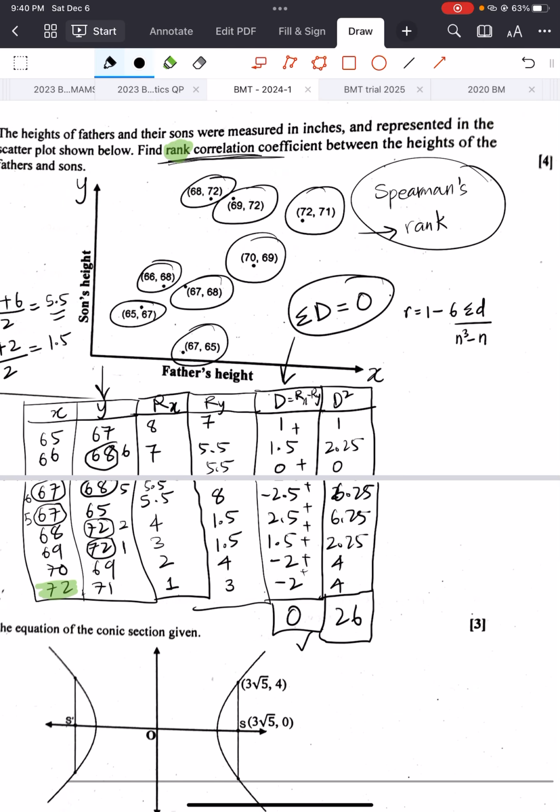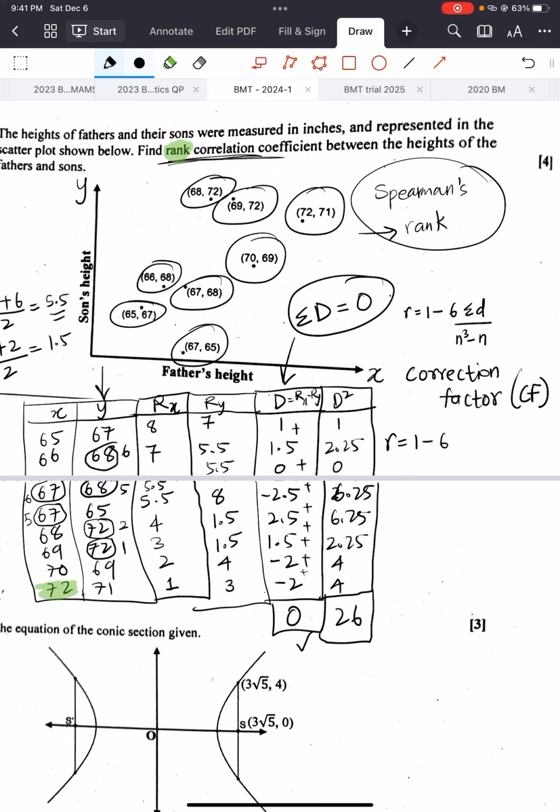For repeating values, you need a correction factor, represented as CF. So now your formula is R equals 1 minus 6 times summation of D squared plus correction factor, divided by n cubed minus n. Now how do you find the correction factor? Correction factor is summation of m cubed minus m over 12.